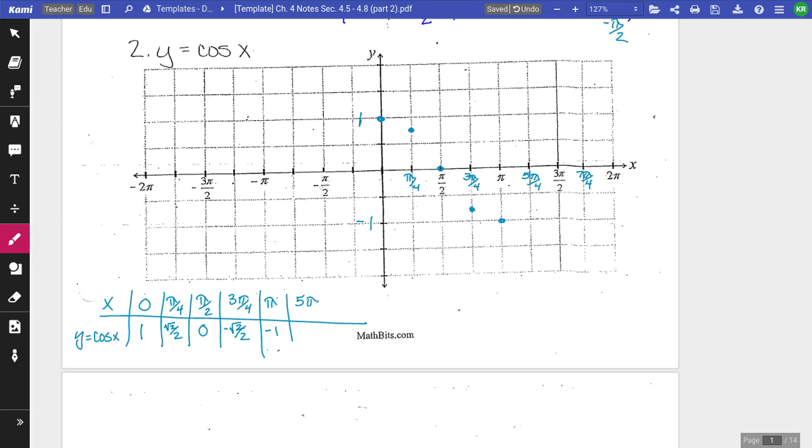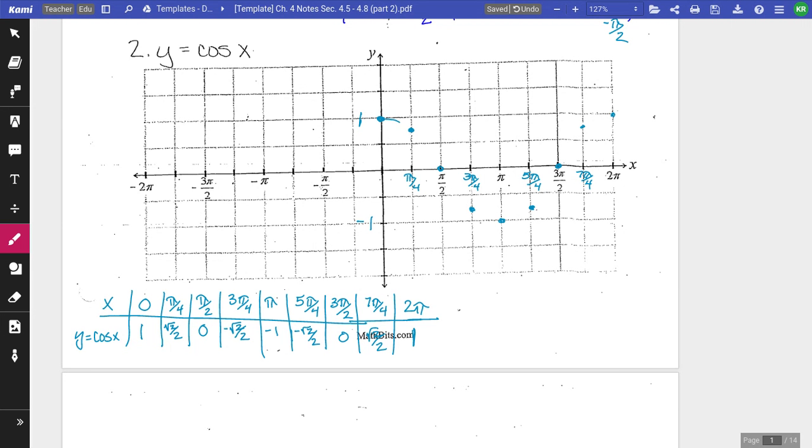At 5 pi over 4, your x coordinate is a negative root 2 over 2, so about a negative 0.7. At 3 pi over 2, you are back to 0. And then at 7 pi over 4, you are at root 2 over 2. And at 2 pi, you are back to 1.